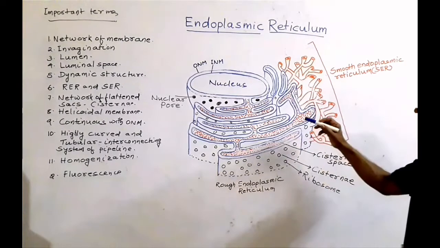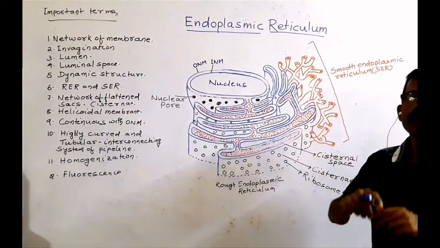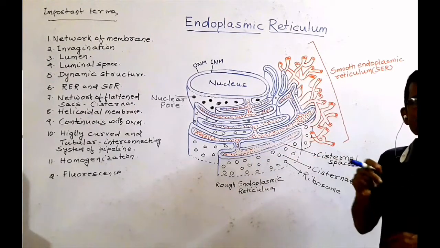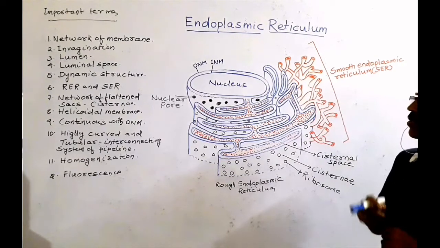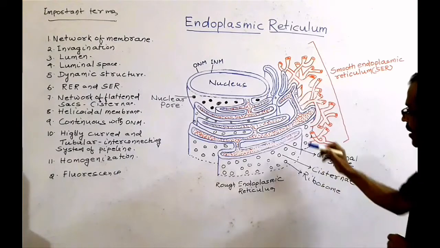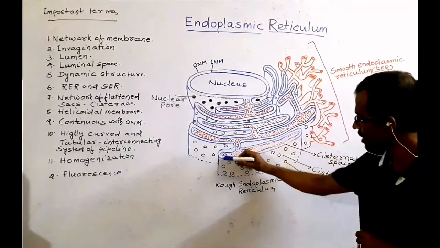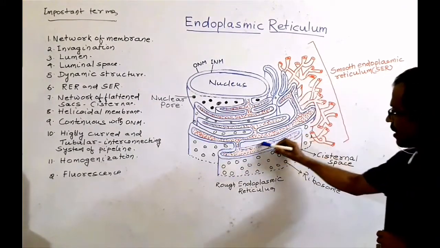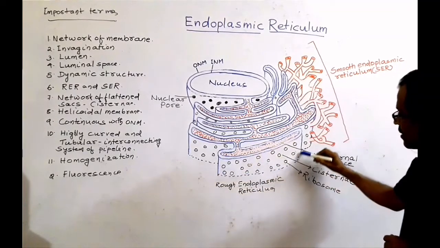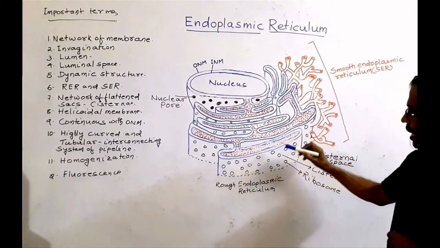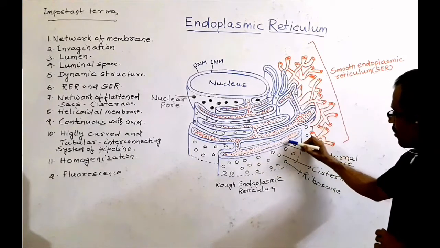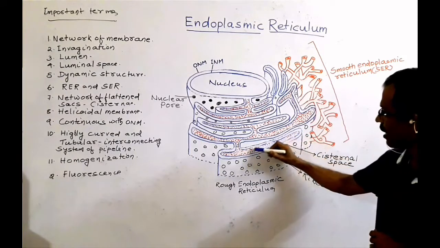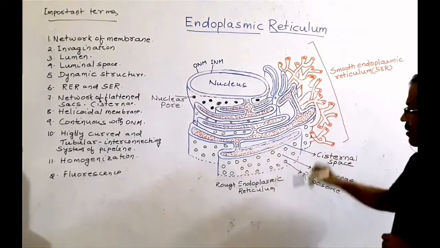The rough endoplasmic reticulum is composed of a network of flattened sac-like structures known as cisterna. This is a flattened sac. This flattened sac is known as cisterna. And the space that is enclosed by the endoplasmic reticulum membrane is known as cisternal space.